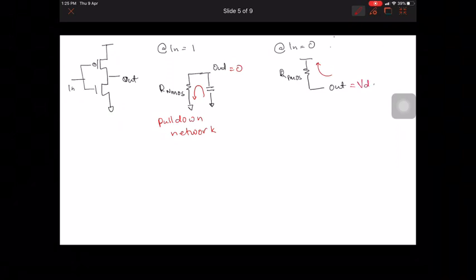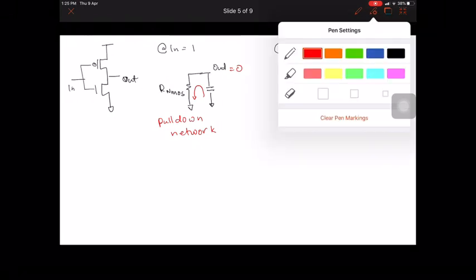Therefore, the output becomes VDD or high, and this is known as the pull-up network. So we have the pull-down and the pull-up network. The pull-up network pulls the output to VDD, and the pull-down network pulls the output down to ground.